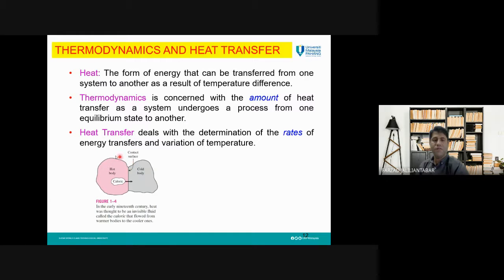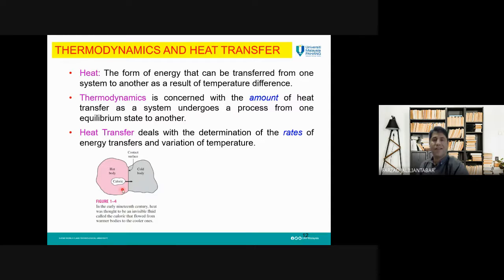And the unit for heat is joule, because as you know, it is a kind of energy, as we discussed here. Sometimes it is called thermal energy as well. But before this, in the early 19th century, it was believed that heat is a kind of fluid, and it is transferred from a body with higher temperature, or hot body, to cold body.